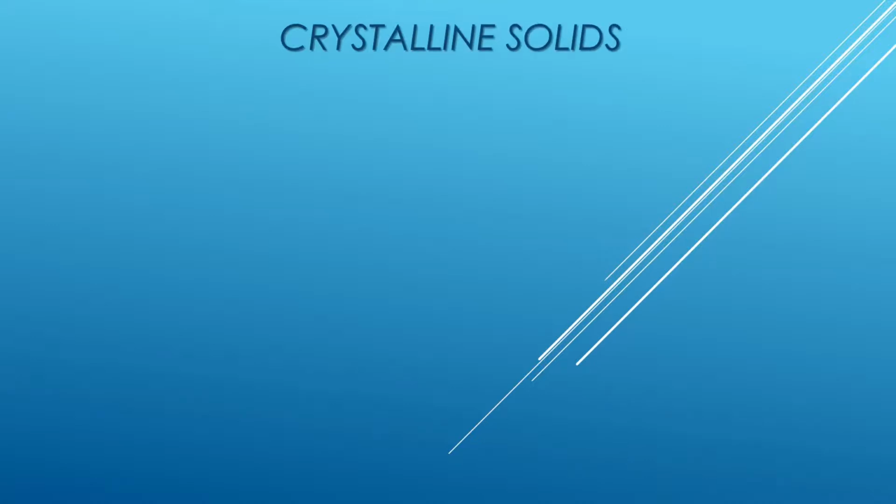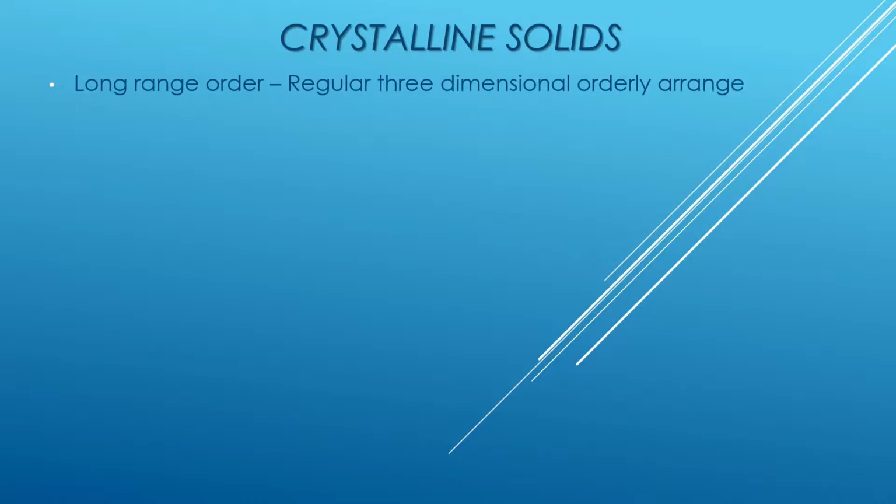Moving on to the crystalline solids, I have written it in terms of points to make it easier to understand. The first point is long range order, that is crystalline solids are long range order solids. What exactly does long range order mean? In these solids, the particles, that is the atoms, ions or molecules, are arranged in a regular three-dimensional orderly arrangement which repeats periodically.